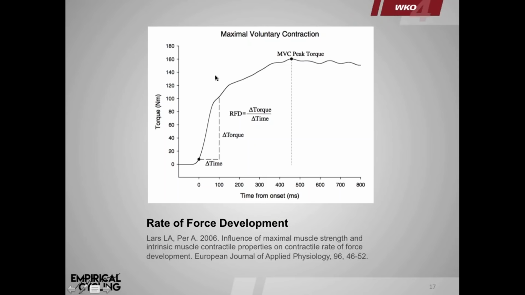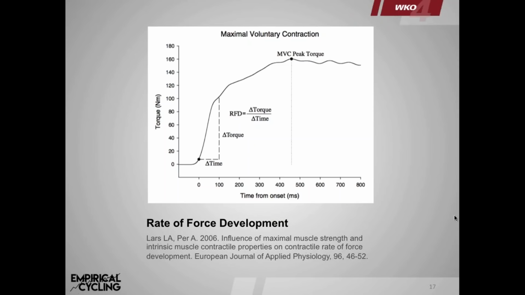Now there are studies that say that when you start strength training, you are going to get an increase in the early rate of force development, and that is true up to a point. After the first 2, 3 weeks, maybe a month, those gains stop coming.